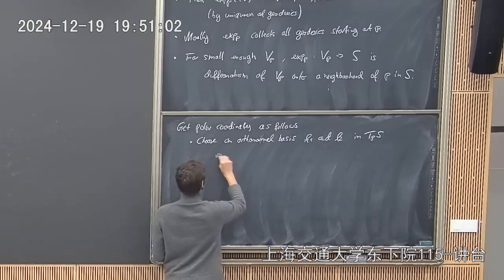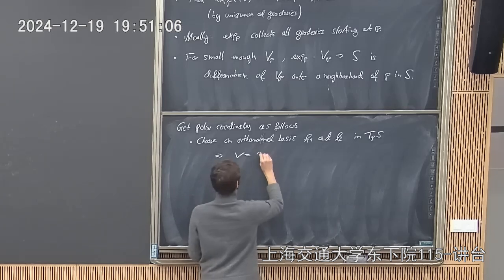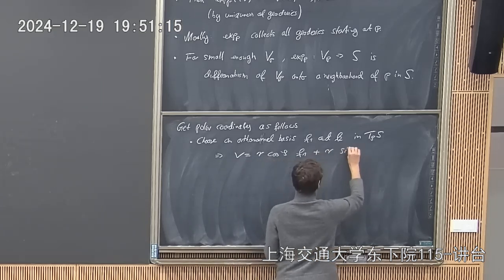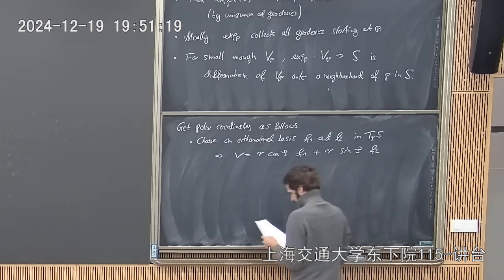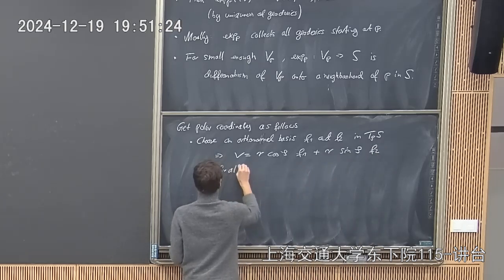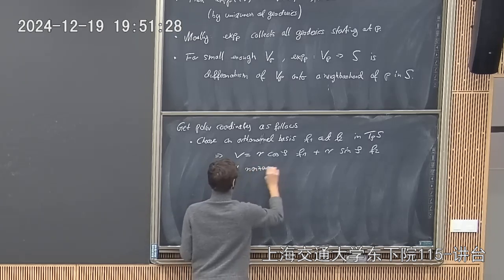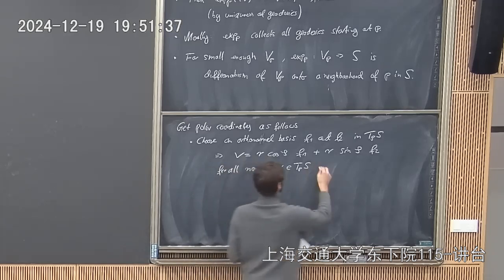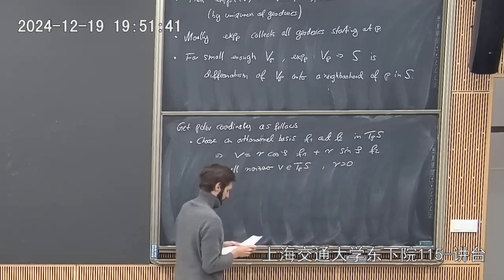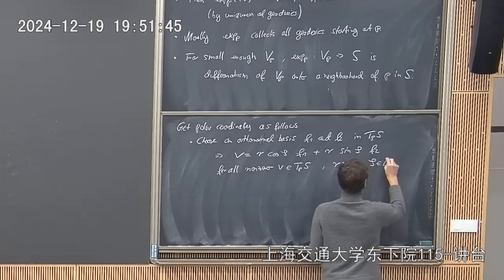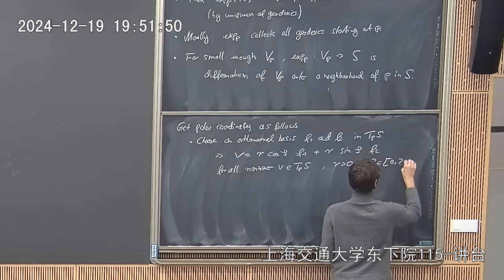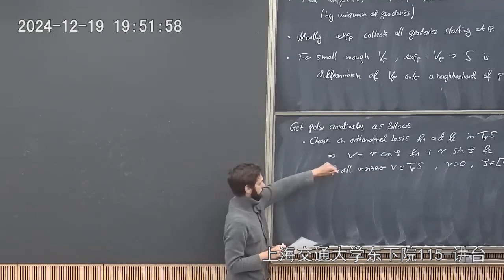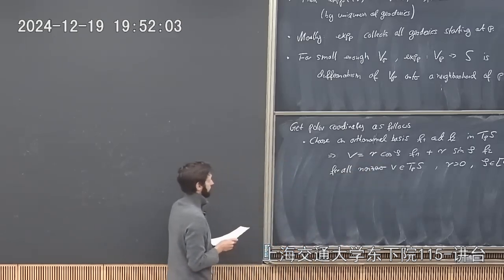That means that we can write every vector in the tangent space canonically as r times cosine phi F1 plus r times sine phi F2, for all non-zero V in the tangent space, where r is bigger than 0, and phi goes from 0 to 2 pi.